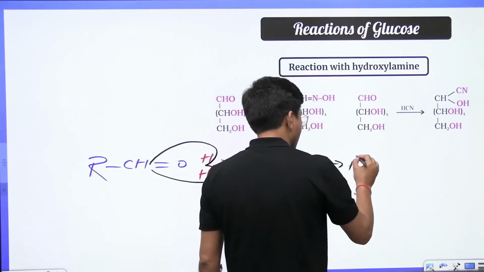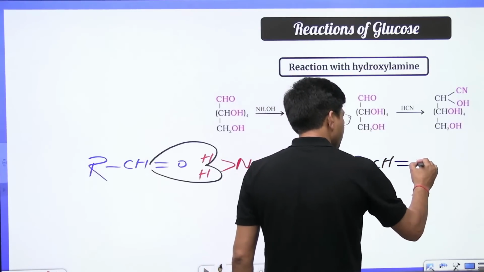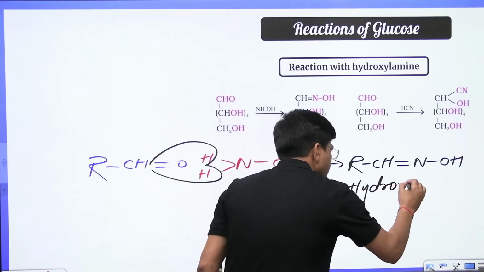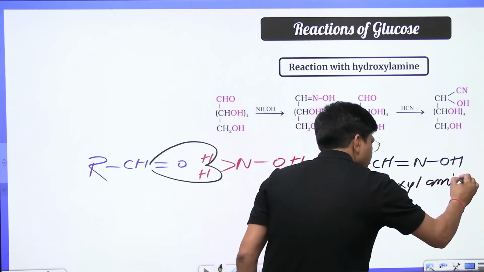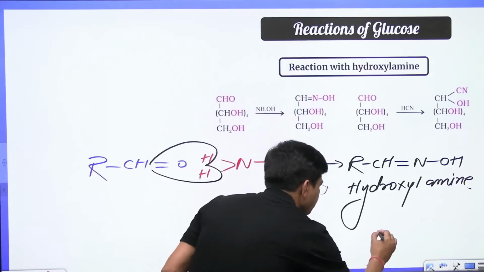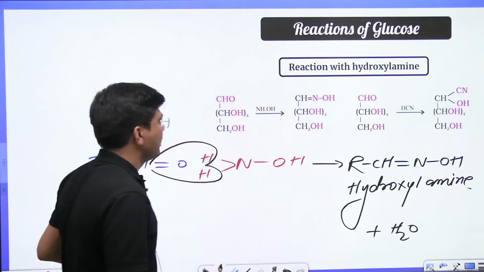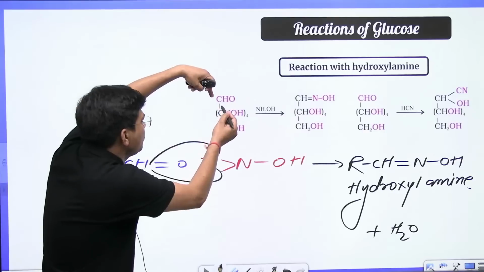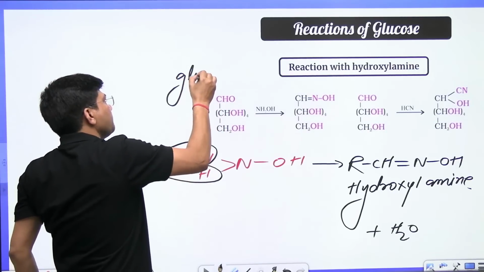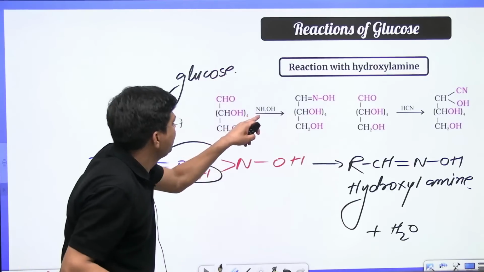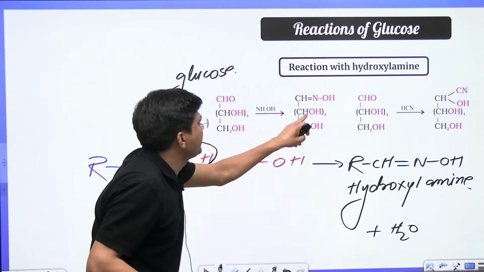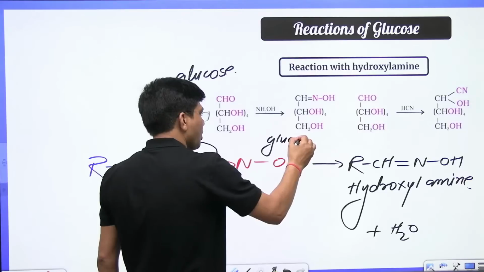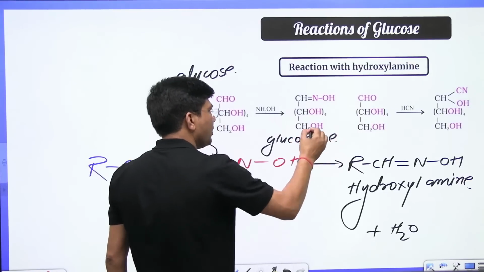After removal of water, you will get RCH double bond NOH, oxime, plus water. Are you able to understand this reaction? Water will eliminate out. So see, this is your glucose, and it has reacted with hydroxylamine, so you got the oxime of glucose. Its name is glucoxime, or we can say oxime of glucose.